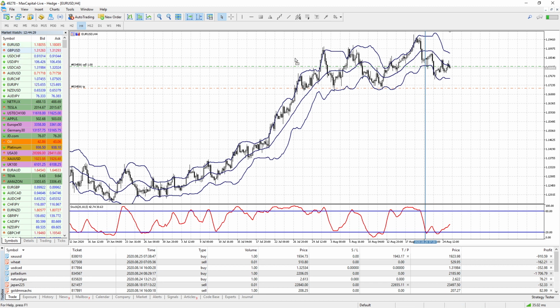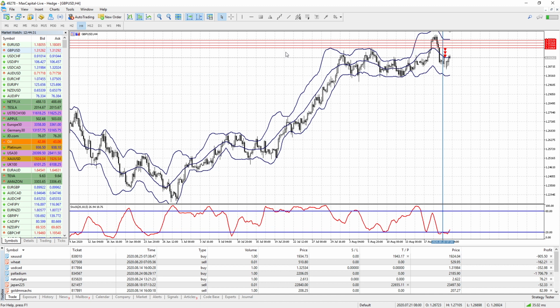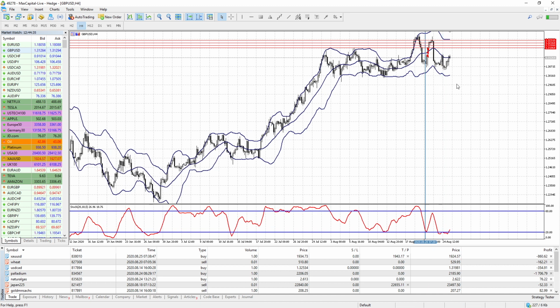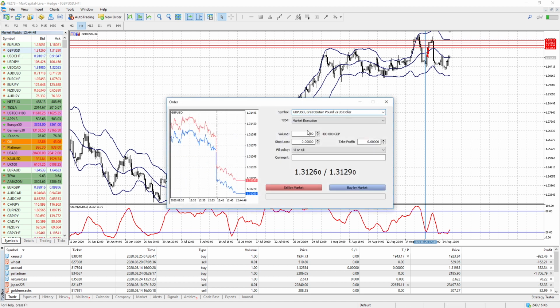Let us switch to the GBP USD, because they have pretty much the same market situation. So guys, you can see 1, 2, 3, 4, 5, 6, and 7. For the GBP USD, I'm going to make the same trade, and I'm going to use two lots, to start with, in order to later on recover it.